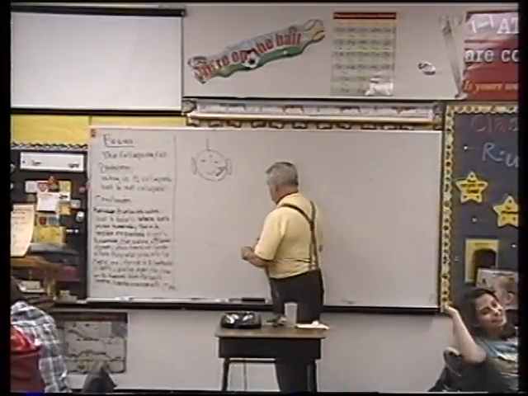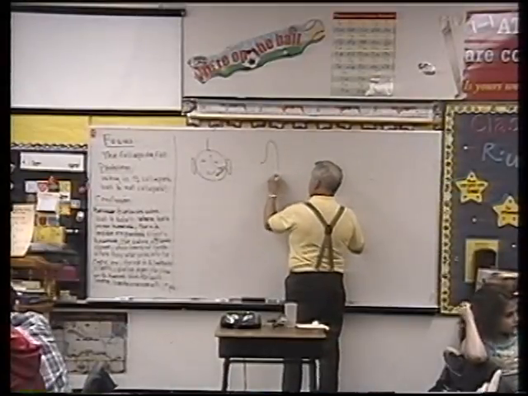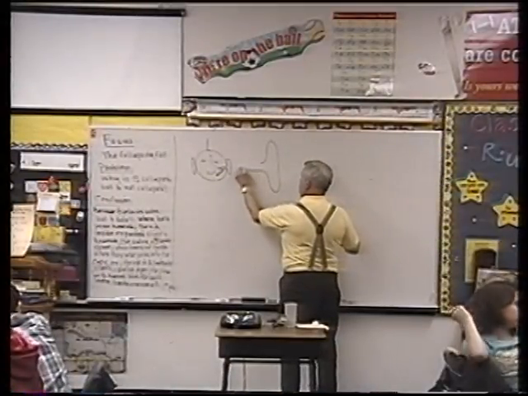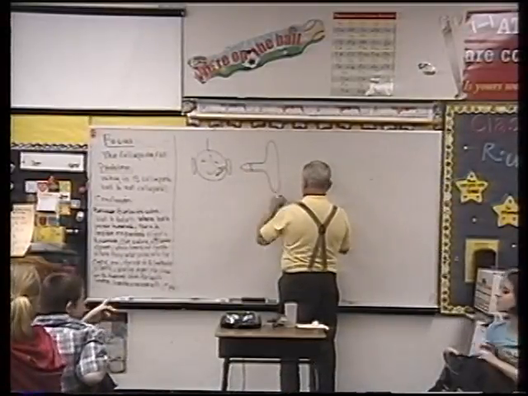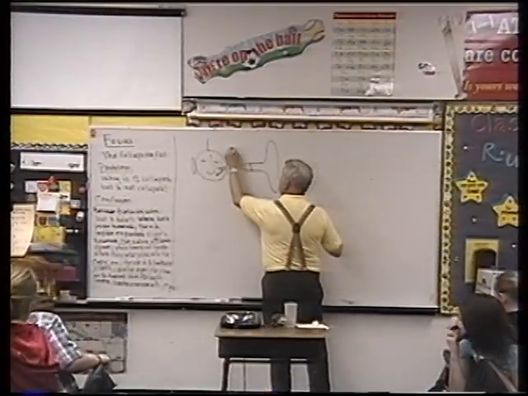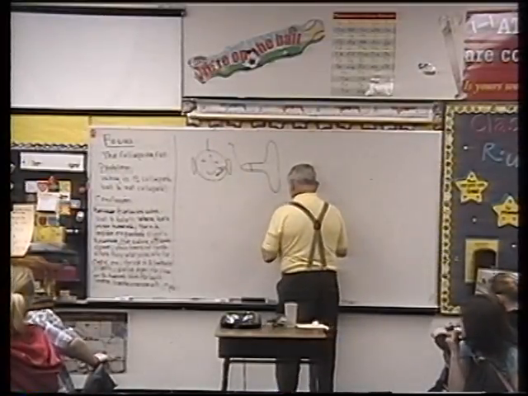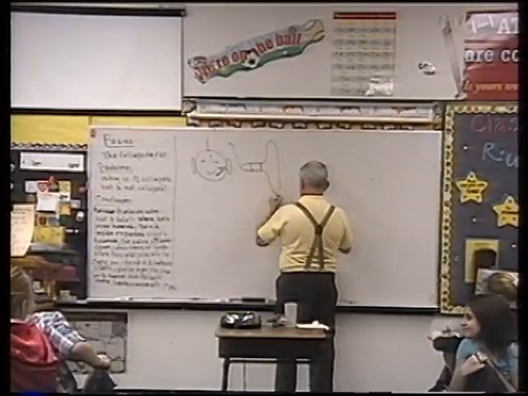Okay, now I'm going to draw an enlarged drawing of that ear, like this. That's his ear. All right, there's the inner ear with the nerve leading up to the brain. Here's the eardrum. Oops, I drew the wrong color.